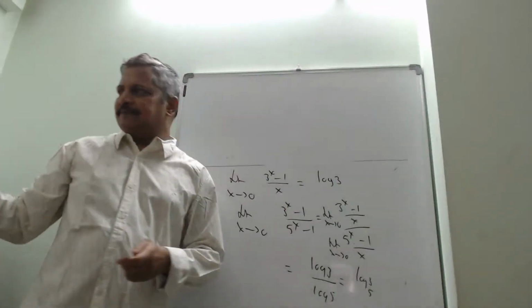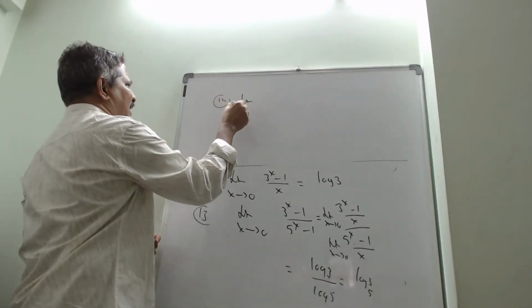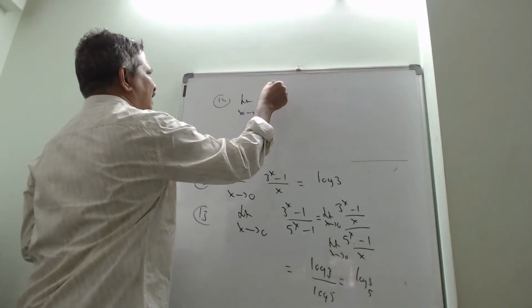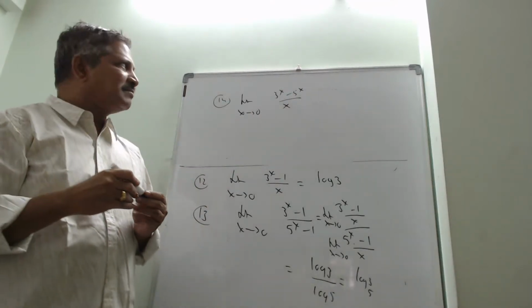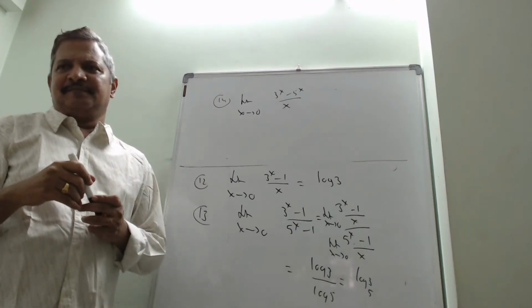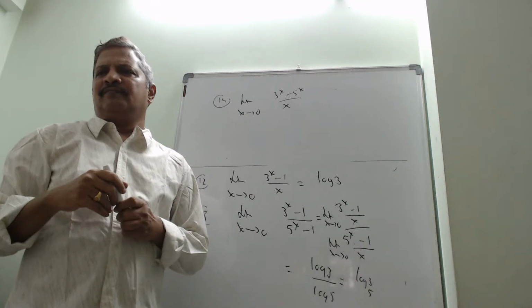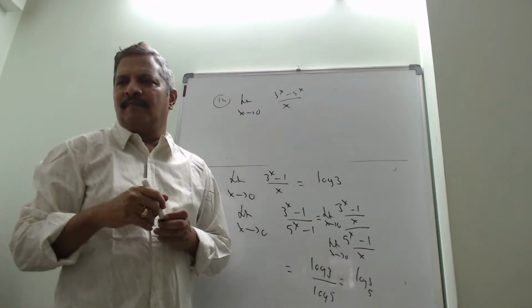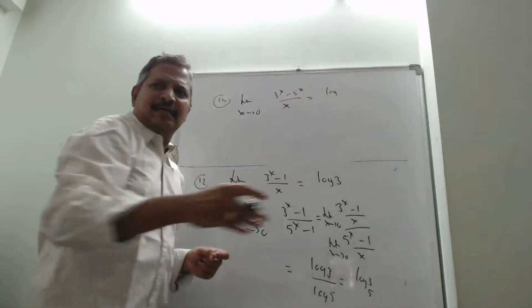Related to that only, limit x tends to 0, (3 power x minus 5 power x) by x. Then what to do? Here someone has answered also.